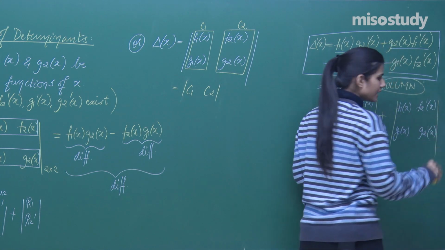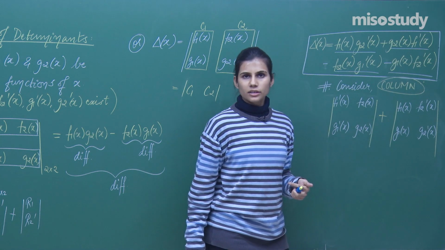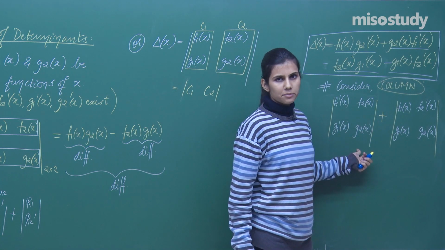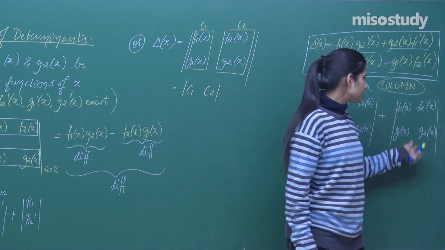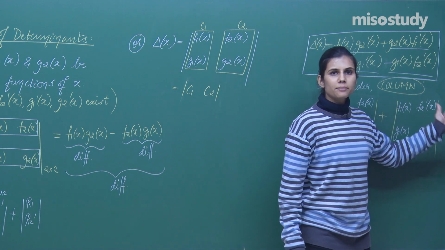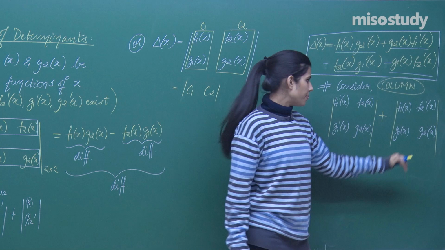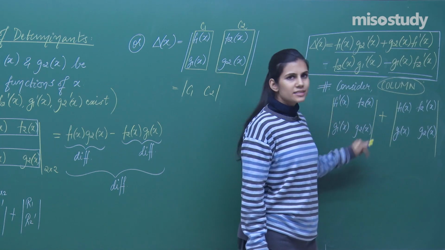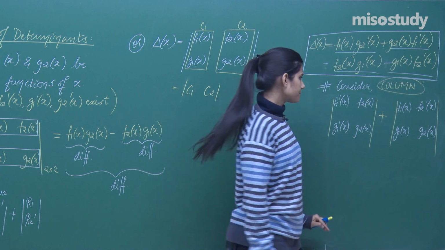Just exact same thing like we did in the rows. In the row case, we first differentiated the first row and in that determinant kept the second row as it is. In the second determinant, I differentiated the second row and kept the first row as it is. And those were the 2 determinants that I added. Here I am doing the same thing with the columns.